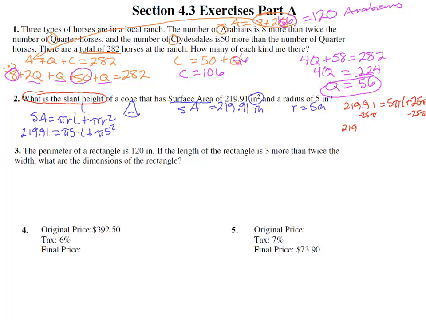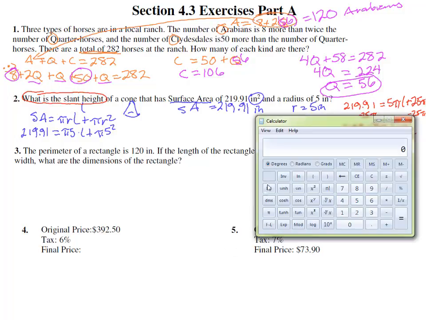We'll put this all in the calculator at the end. But if you'd like to do it as we go step by step, you're certainly welcome to. Equals 5 pi L. Okay, how do we get the L by itself? We undo this multiplying by 5 pi, so we divide by 5 pi. Good. And let's pull out the calculator and see what that comes up to.